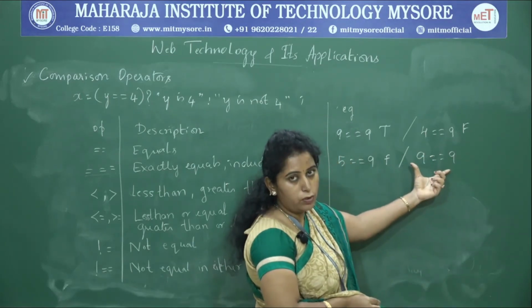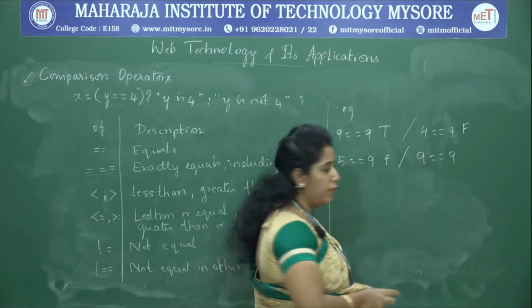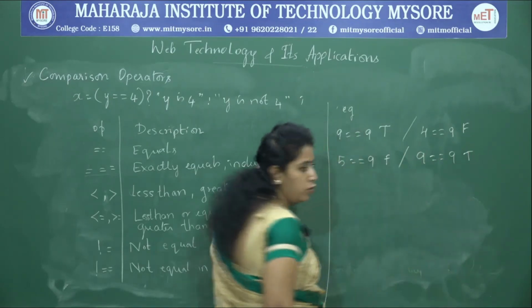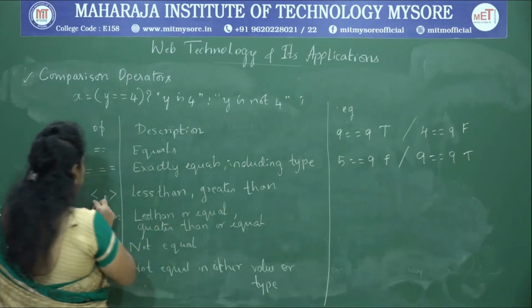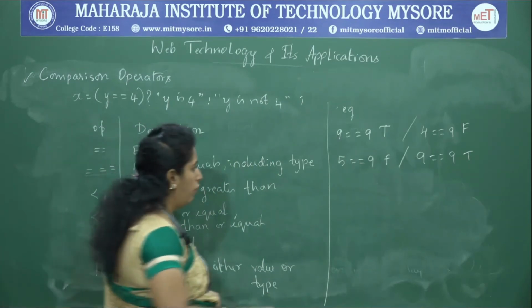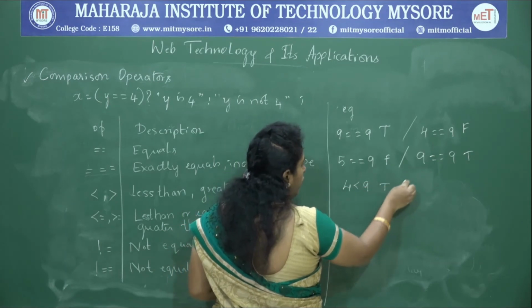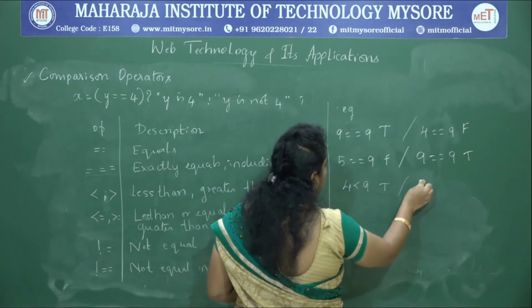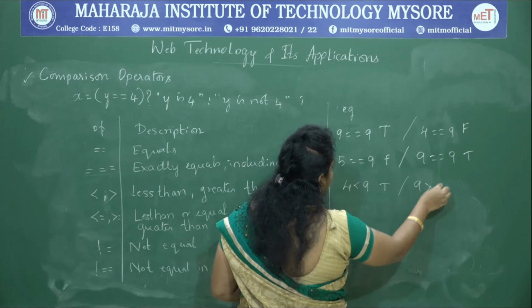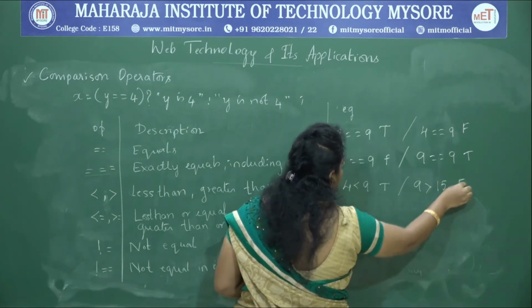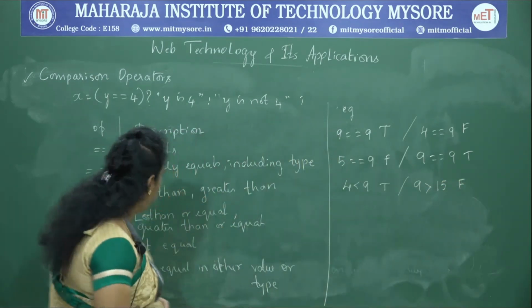The value is also the same and the type of data is also the same. So it returns true. Next is lesser than and greater than symbol. For example, 4 less than 9. It is true. I am going to take 9 greater than 15. Is it true? No, it is false.